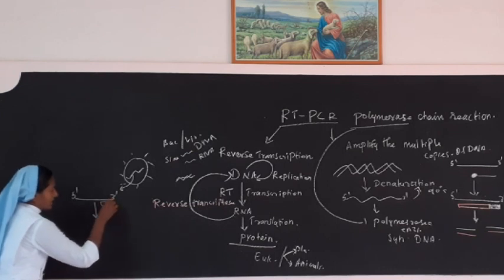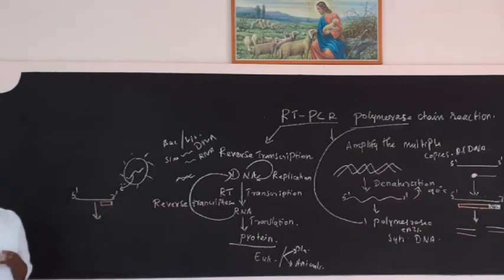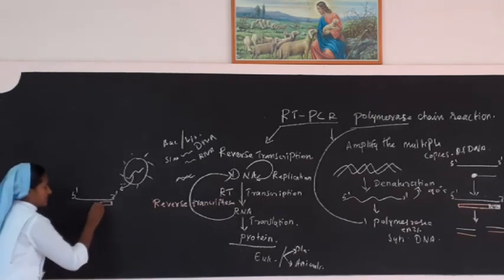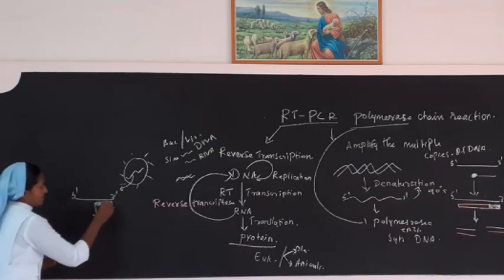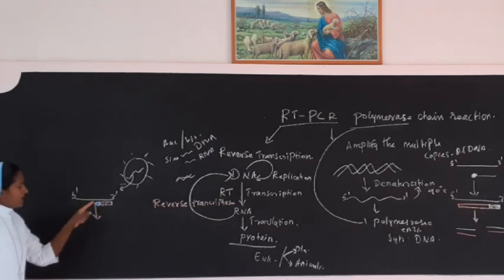By using the primer and the enzyme reverse transcriptase. The primer is a short oligonucleotide, and the enzyme directs the synthesis of a new strand with the help of this primer.